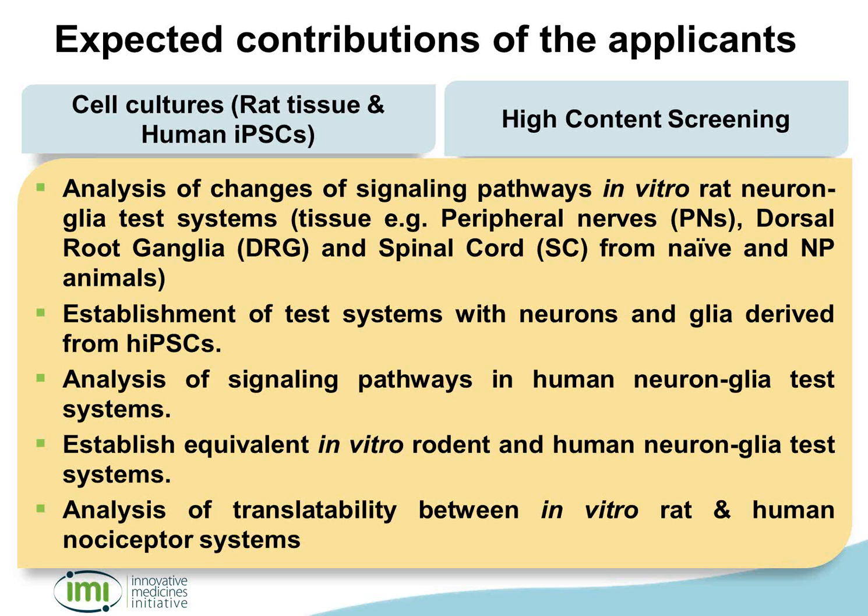establishment of test systems with neurons and glia derived from human-induced pluripotent stem cells, analysis of signaling pathways in human neuroglia test systems, establish equivalent in vitro rodent and human neuroglia test systems, and the analysis of translatability between in vitro rat and human nociceptor systems.